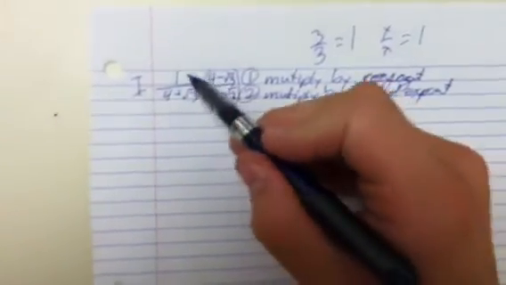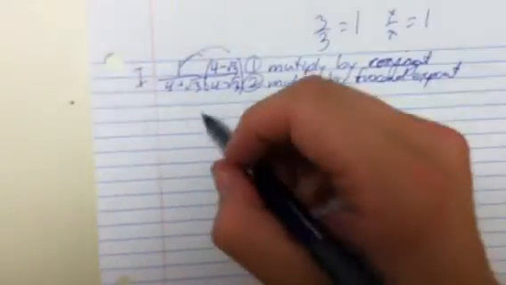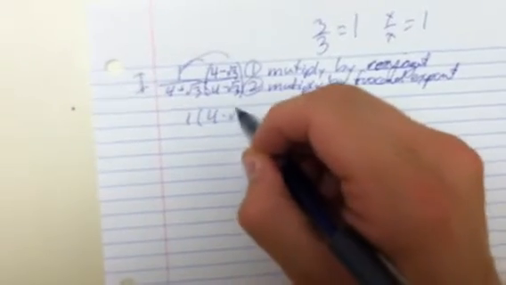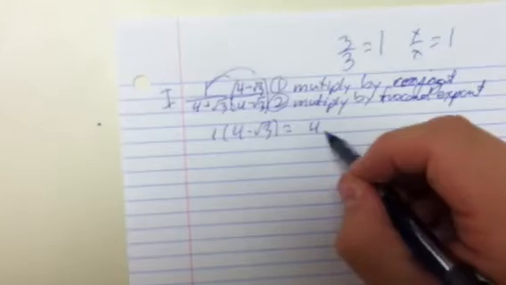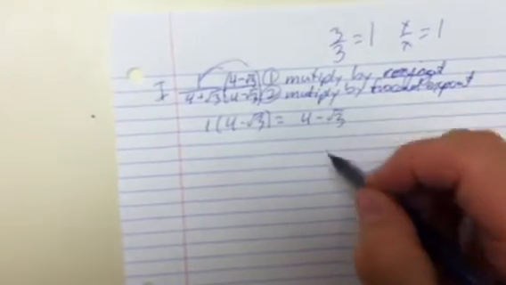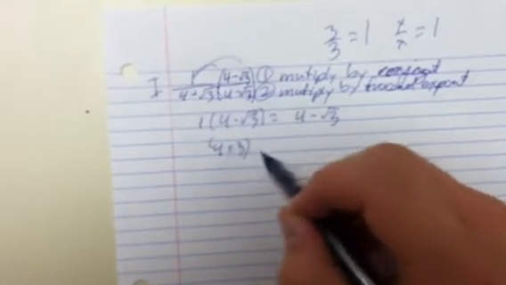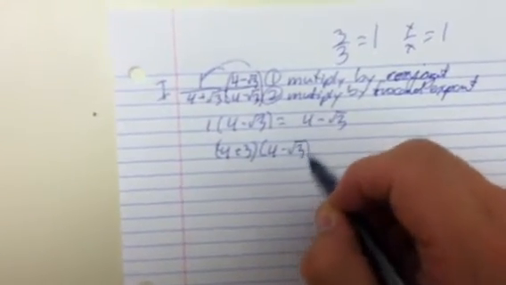So now we must FOIL or distribute the 1 on the top, because I like to do the top and bottom by itself. So 1 times 4 minus root 3 equals 4 minus root 3. And then the denominator is 4 plus root 3 times 4 minus root 3.